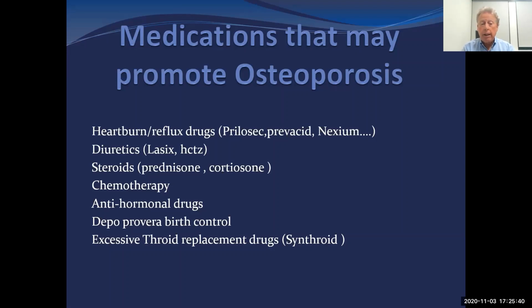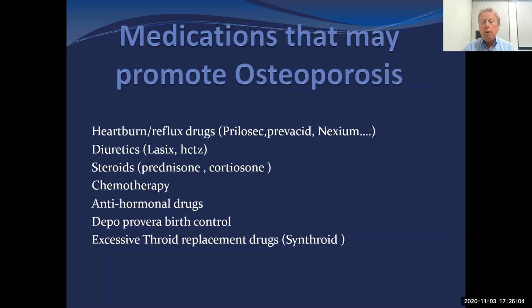Diuretics, a lot of people are on diuretics, especially as we get older. Kidneys don't function as well. Your heart doesn't function as well. You tend to retain water. And things like Lasix and hydrochlorothiazide, just as examples of diuretics, tend to wash out your calcium content and cause problems. As we said, steroids are very potent osteoporosis makers.